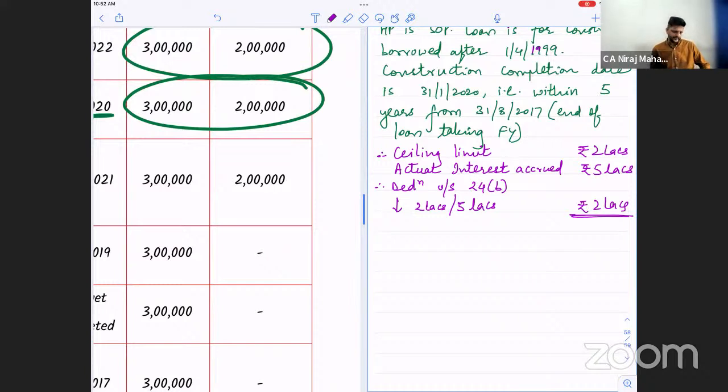Again, I'm repeating, for SOP never ever give an answer more than 2 lakh rupees. The ceiling limit can be 30,000 or it can be 2 lakh. So your answer in no case can be more than 2 lakh rupees.